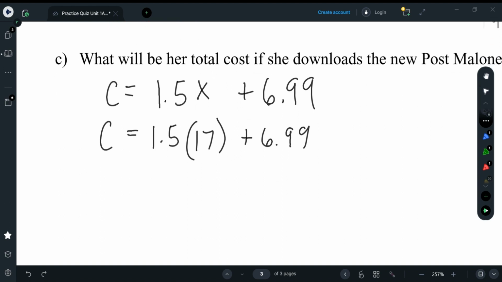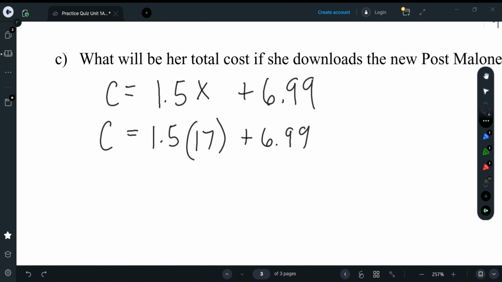So you could plug this whole thing into a calculator, or maybe you can do it one piece at a time. Let's see here. If we do 1.5 times 17, let's see, what would that be? You know what? Let me just reference a calculator here, just so I don't make a mistake. Okay, 1.5 times 17.